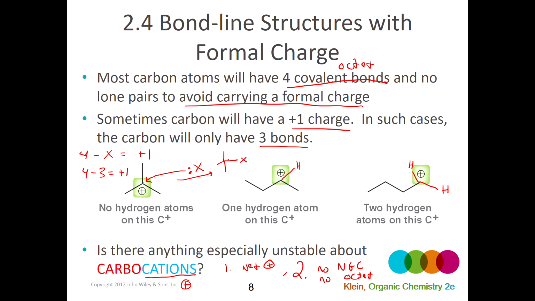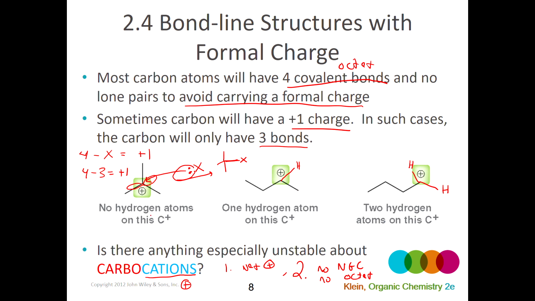That will create a new covalent bond where the orbital of this will overlap with the empty orbital of the carbon, and when that overlap occurs, there's just enough electrons to get into the bonding molecular orbital, and that forms a stable covalent bond. So we almost always see carbocations attacked by molecules with lone pairs to form the 4th bond.